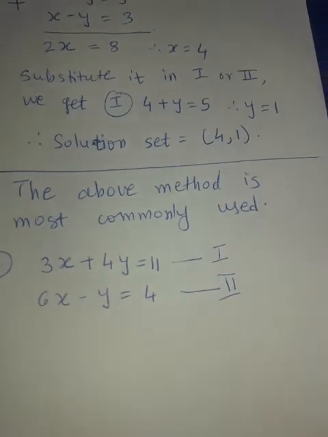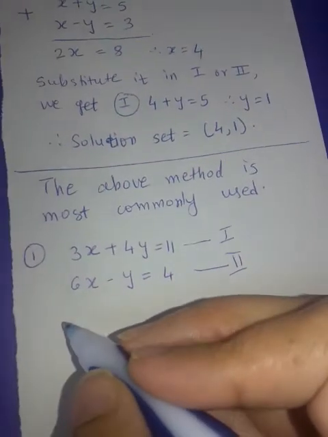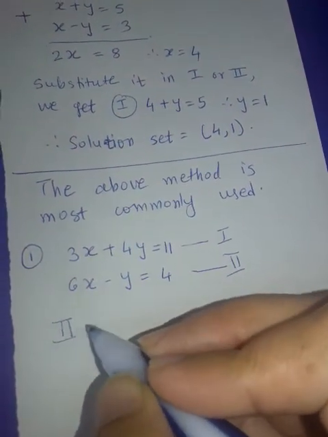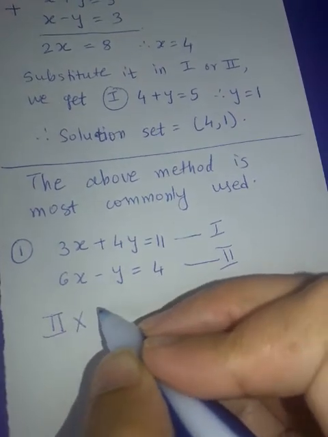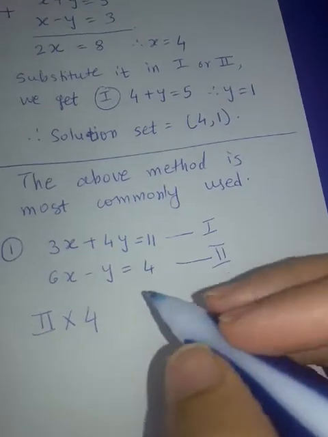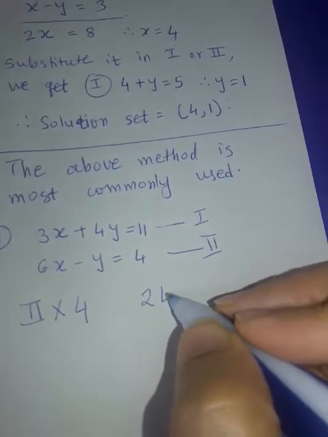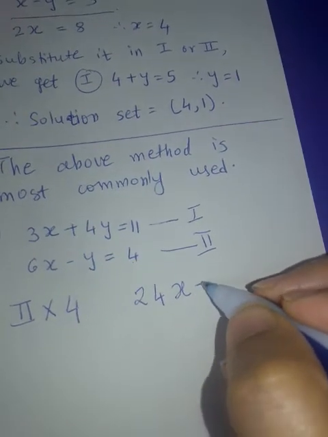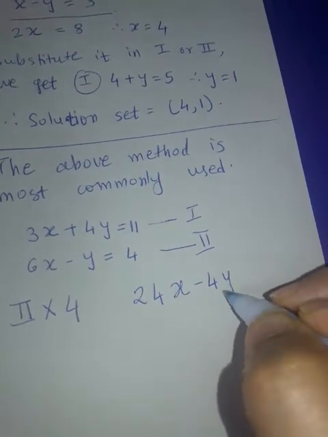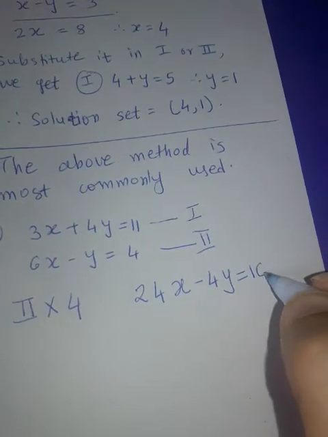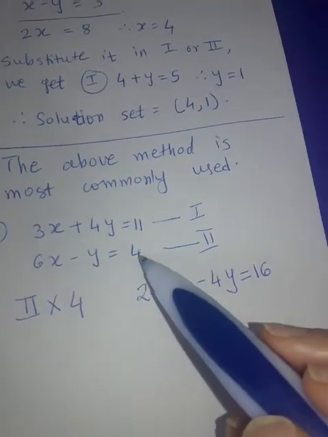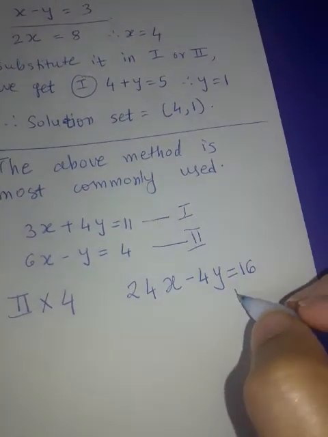So x can be found out easily. So I am going to multiply equation 2 by 4, and then I will get 24x minus 4y is equal to 16. Getting it? Let me call it number 3.